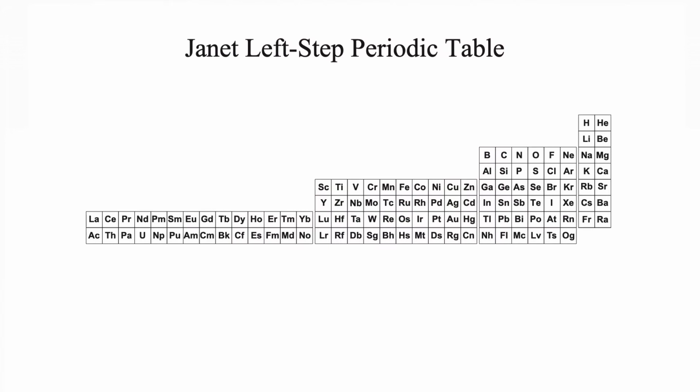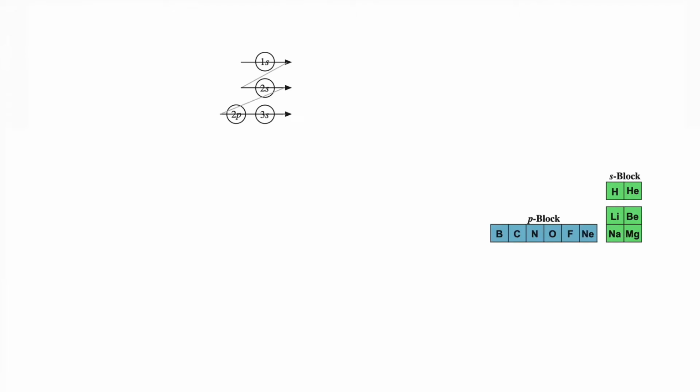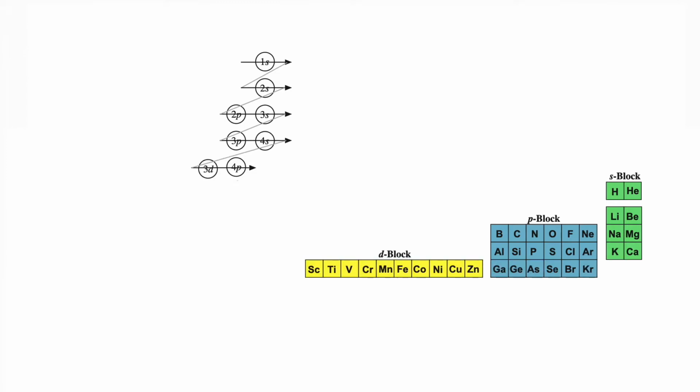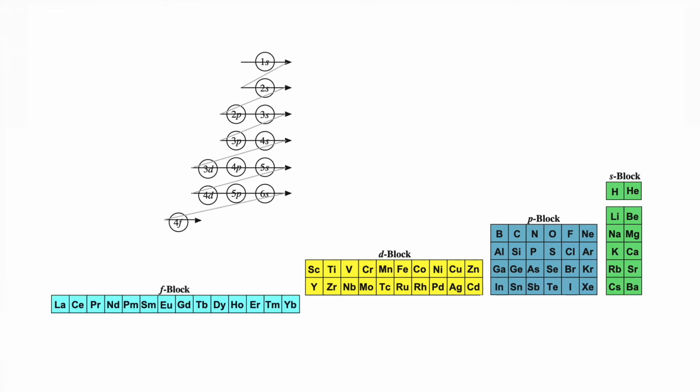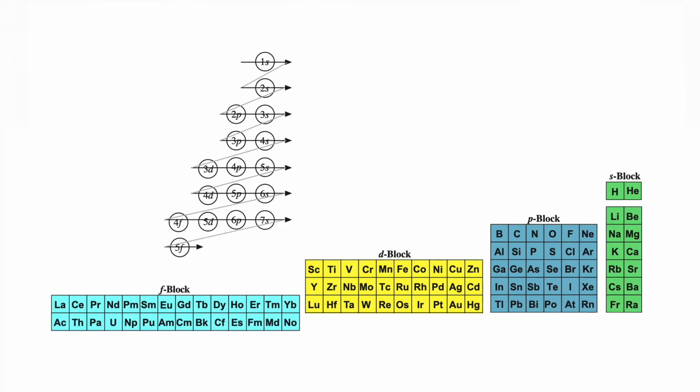Many scientists are big fans of the Janet or left step periodic table, as this shows how the orbitals fill in a rather elegant way: 1s, 2s, 2p, 3s, 3p, 4s, 3d, 4p, 5s, 4d, 5p, 6s, 4f, 5d, 6p, 7s, 5f, 6d and 7p.